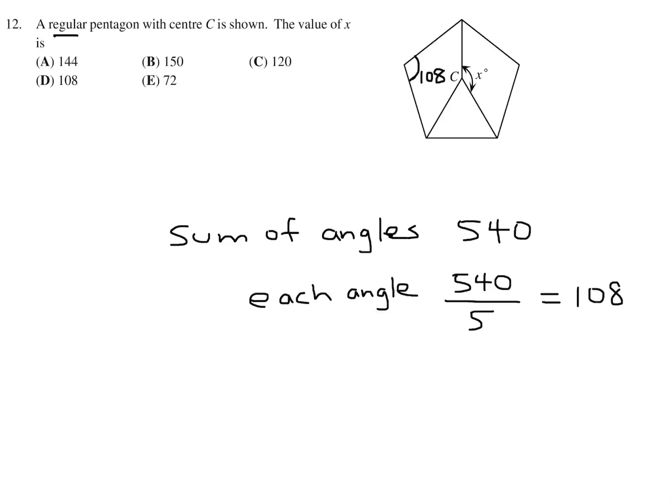Okay? So the next thing to do is to draw a line from the center to the edge there. And that will help us. Now this line right here that I'm going to color red divides this angle into two.